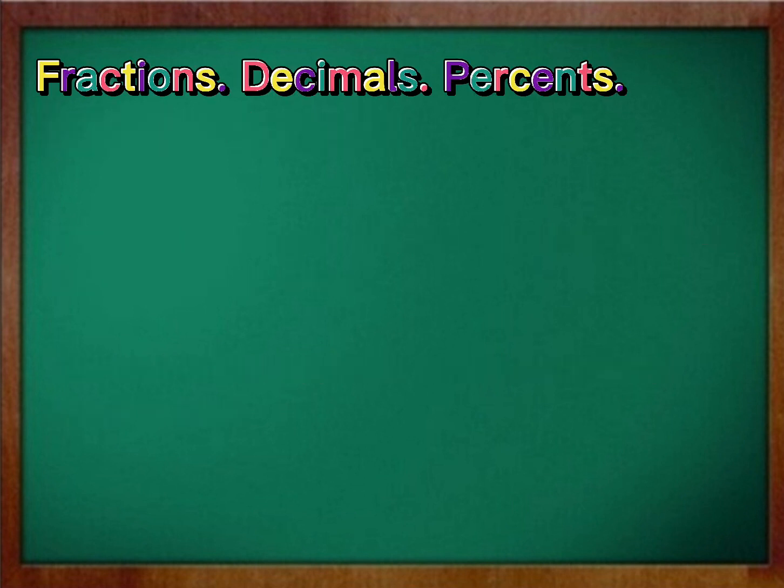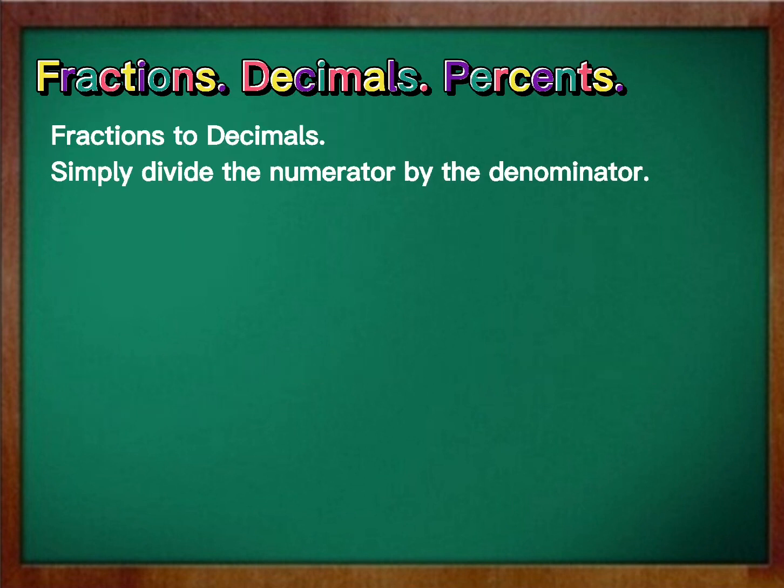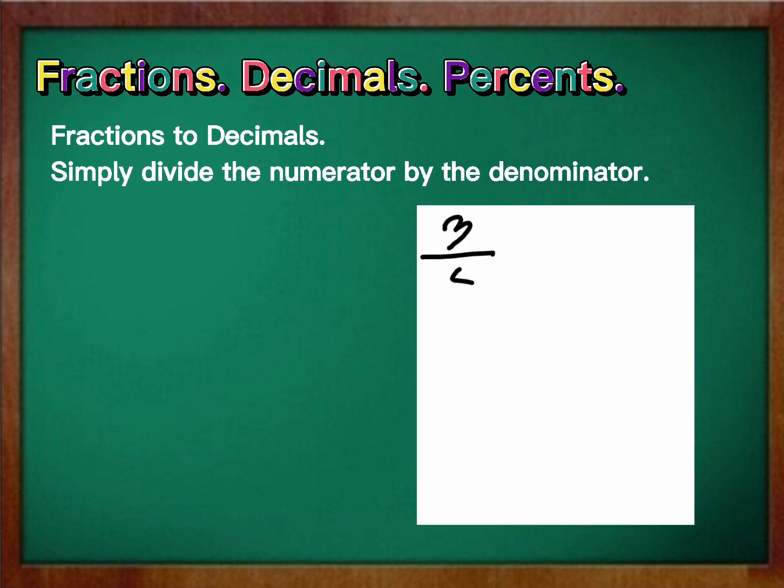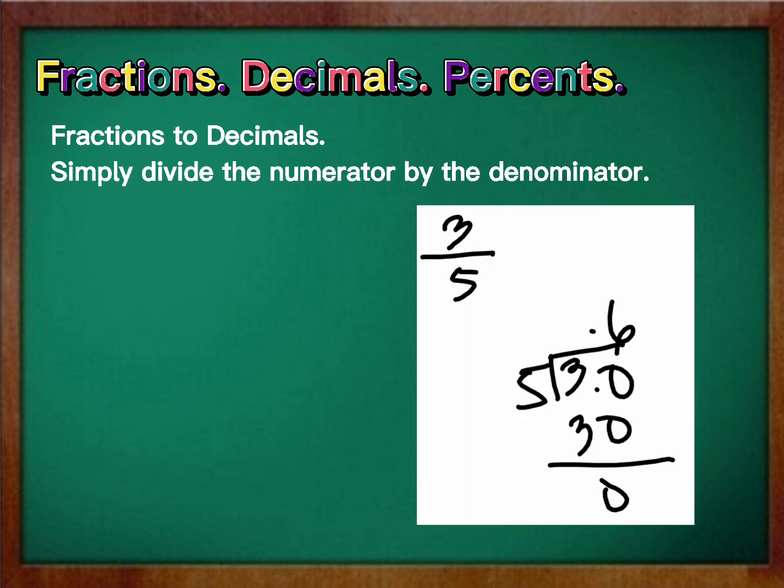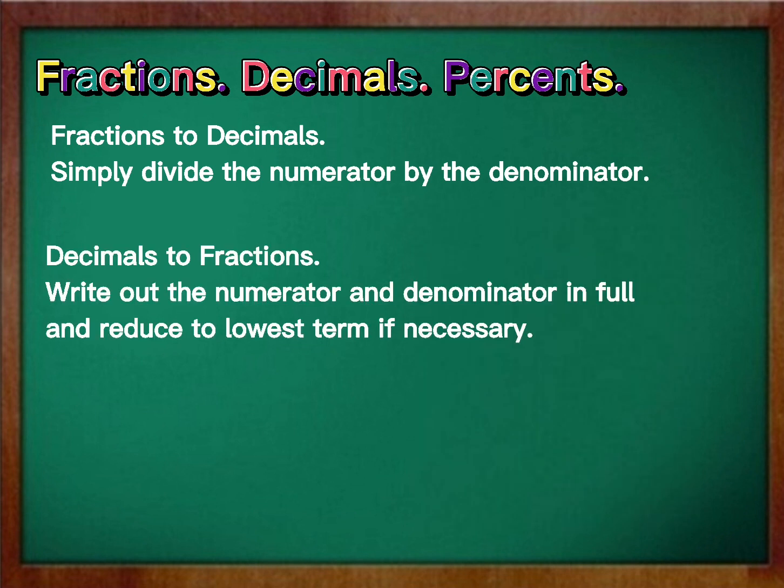Fractions, decimals, percents. To convert fractions to decimals, simply divide the numerator by the denominator. From decimals to fractions, write out the numerator and denominator in full and reduce to lowest term if necessary.